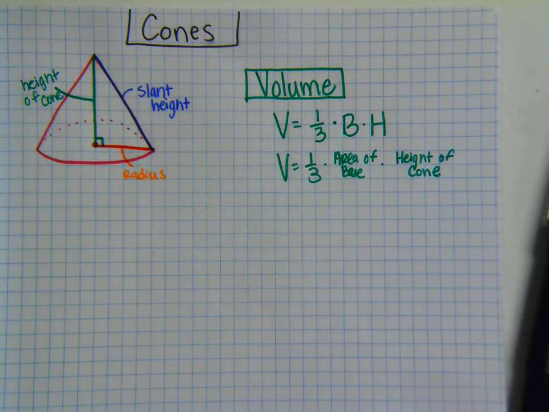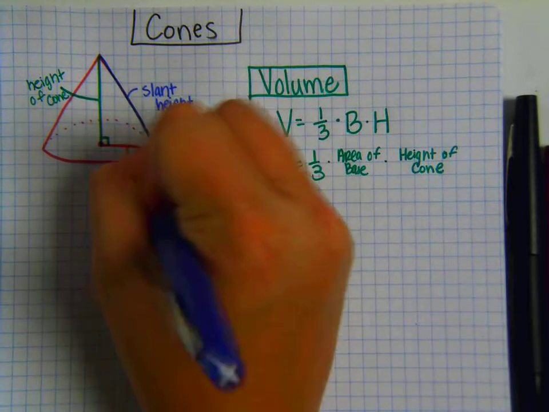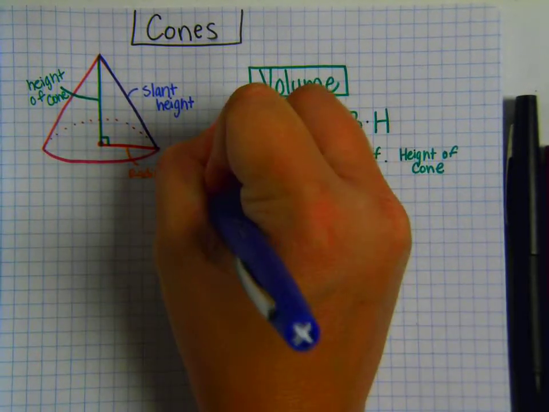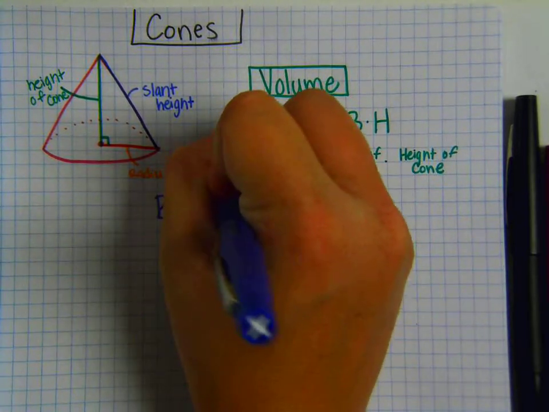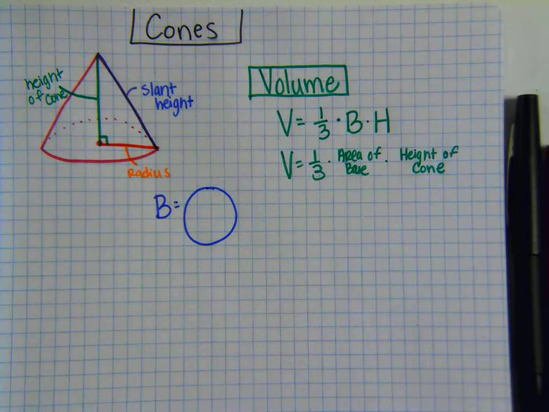Okay, so I'm going to solve this just like I did before, where I find big B first. And big B, the base is a circle. Okay? So you'd find the area of the base.